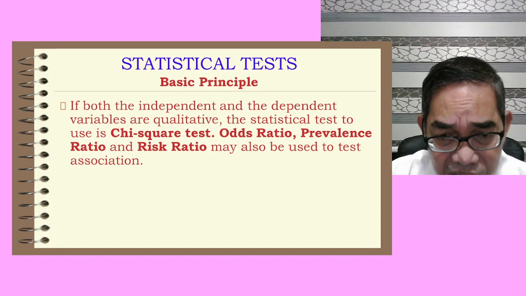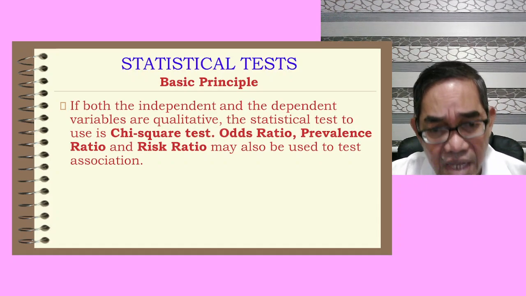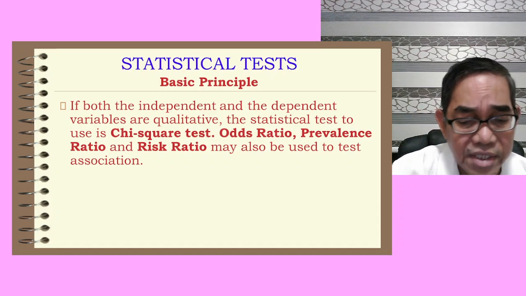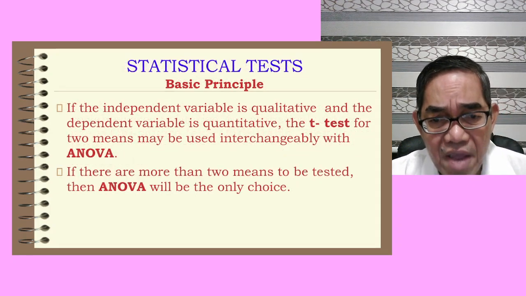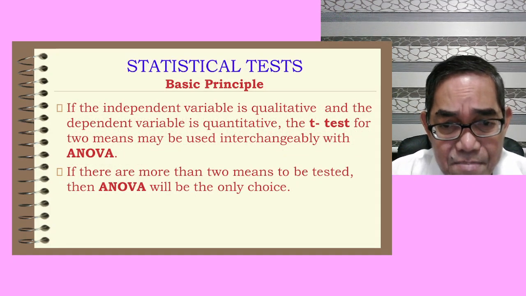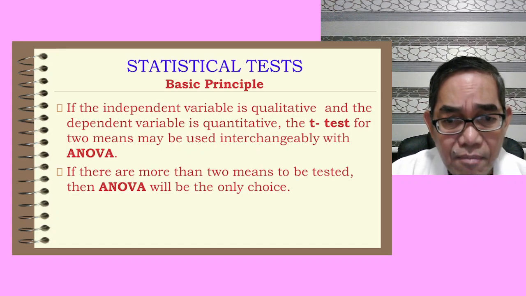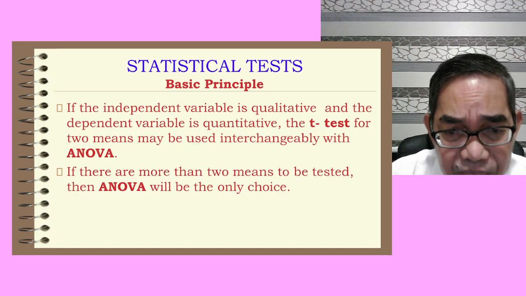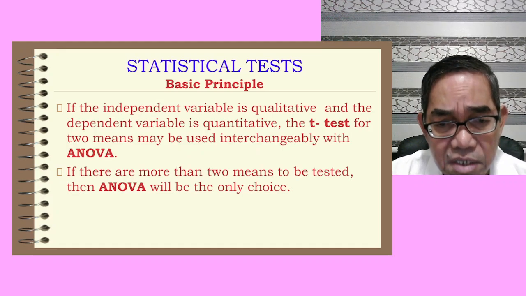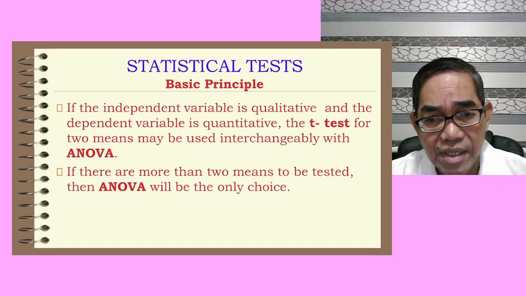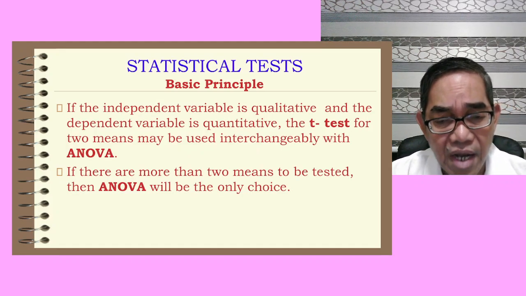Now, odds ratio, prevalence ratio, and risk ratio may also be used depending on the type of the study. If the independent variable is qualitative and the dependent variable is quantitative, a t-test for two means may be used interchangeably with ANOVA. So we can either use t-test or ANOVA.